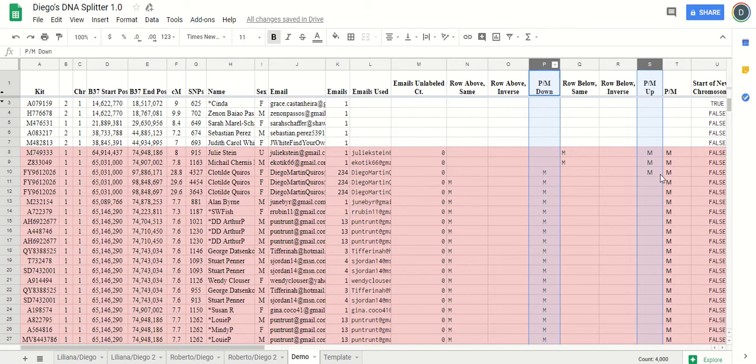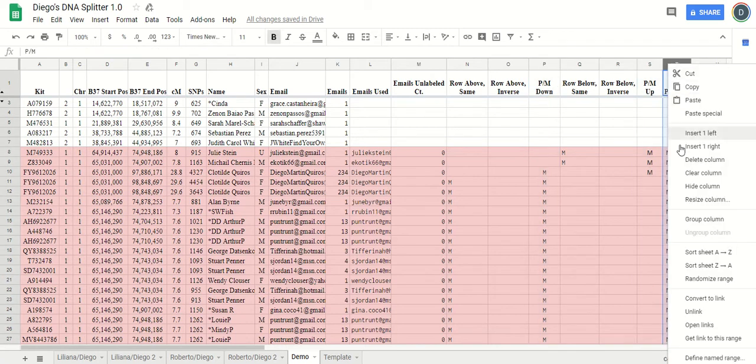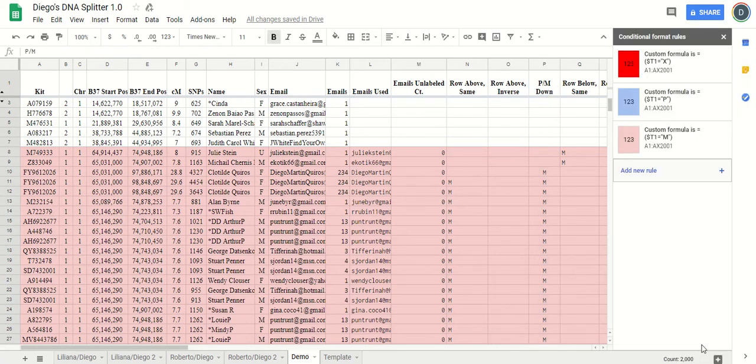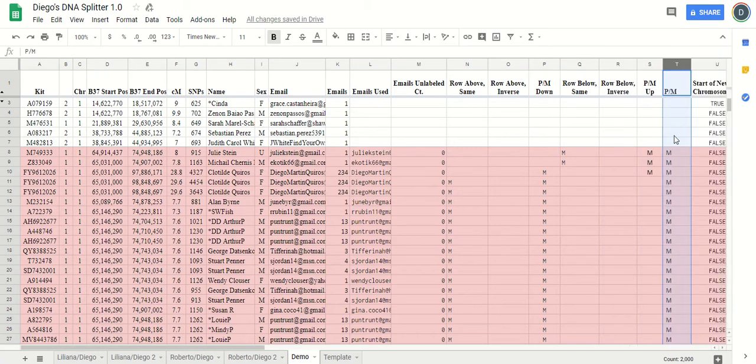So if I go here, you can see that any row that has an X in the T column will be highlighted with red. Anything that has a P is paternal. Anything with an M is maternal.